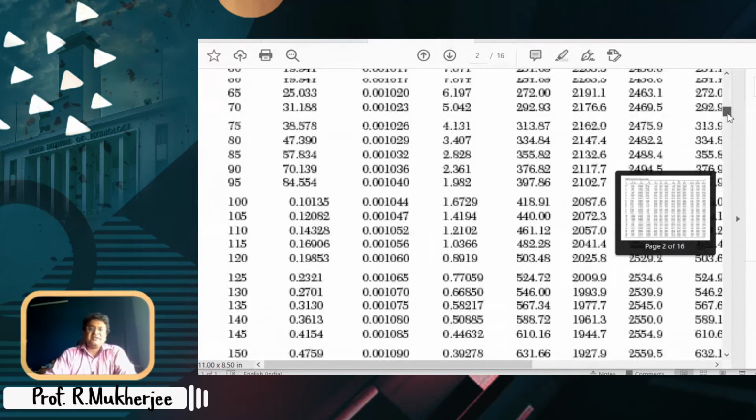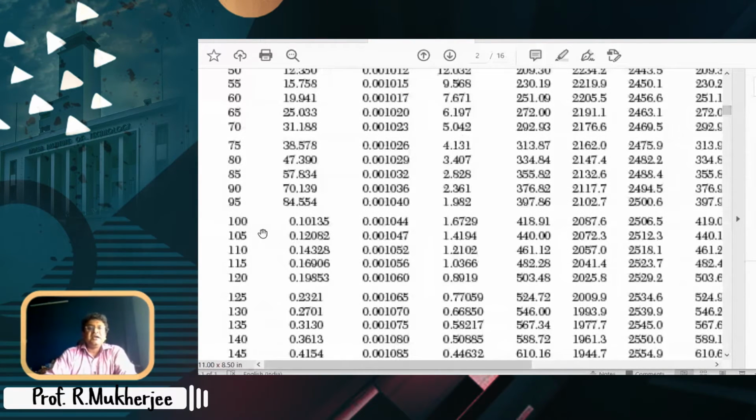I encourage the whole class to quickly do one thing. If you go to this 100 degrees centigrade, you see the saturation temperature, saturation pressure is 0.10135 megapascal. That's 101.325 kilopascal, that we all know, that is atmospheric pressure. And this is the VL, the specific volume of liquid.